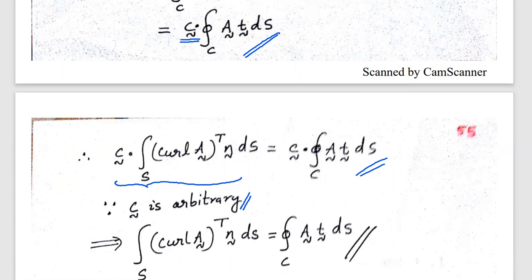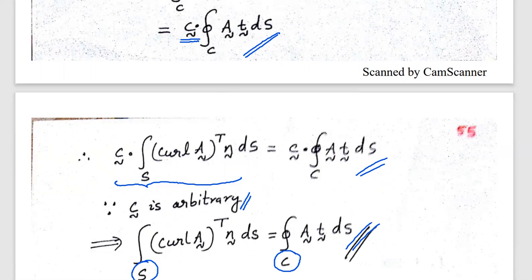Therefore, without c, the surface integral of curl A transpose N ds must be equal to, without c on the RHS, the line integral of A T ds. And this is nothing but the Stokes theorem for a tensor field. So any surface integral can be converted into line integral.